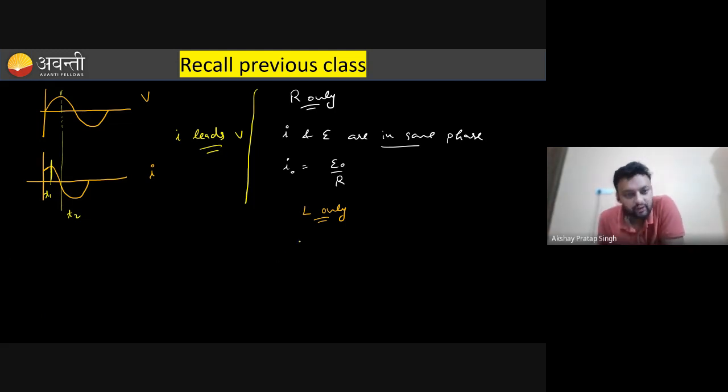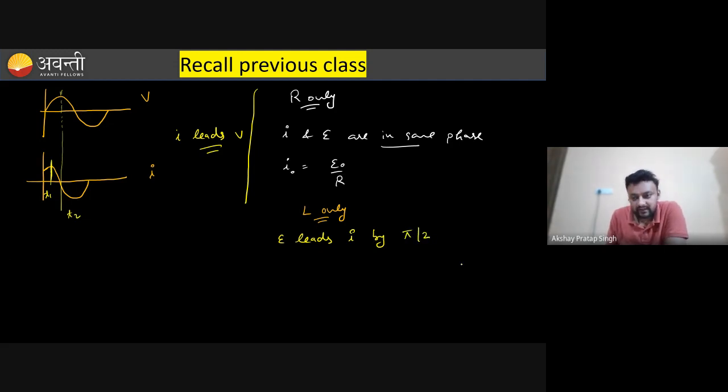I lags and V leads. Very good, JNVPTA. So in a purely inductive circuit, EMF leads current by pi by 2 angle.